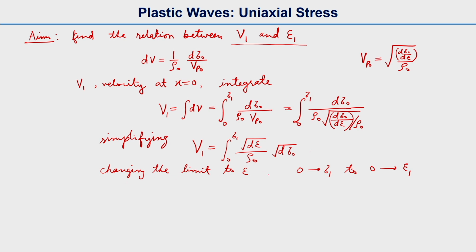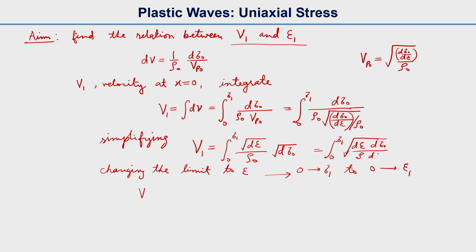So we want to change the limit to strain instead of the stress. This is basically 0 to sigma 1 of d epsilon and d sigma naught divided by rho.